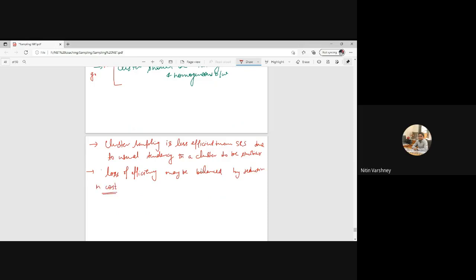Cost is lower because we are making clusters on the basis of neighboring units. So the loss of efficiency due to similar units gets balanced. We can say that the efficiency of cluster sampling per unit cost may be more than SRS. If we see the cost function also, cluster sampling may be more efficient than simple random sampling.